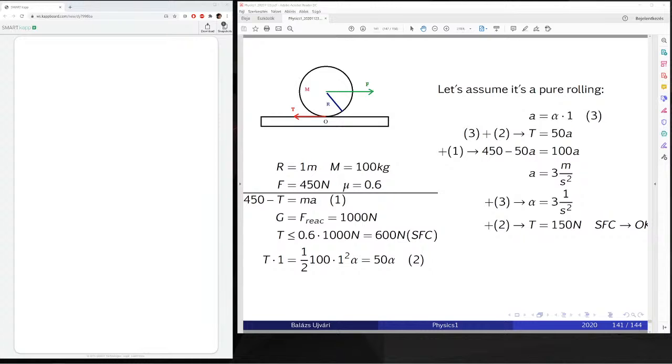Try to solve it with R equals 0.5, M equals 50 kilograms, F equals 100 Newton, and mu equals 0.4. The question: pure rolling or not? If yes, what is the T, what is the A, what is the alpha?